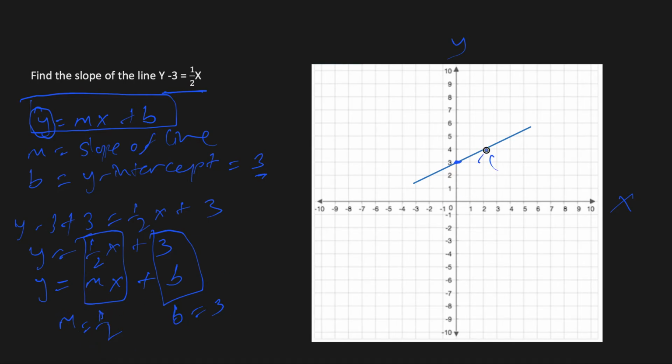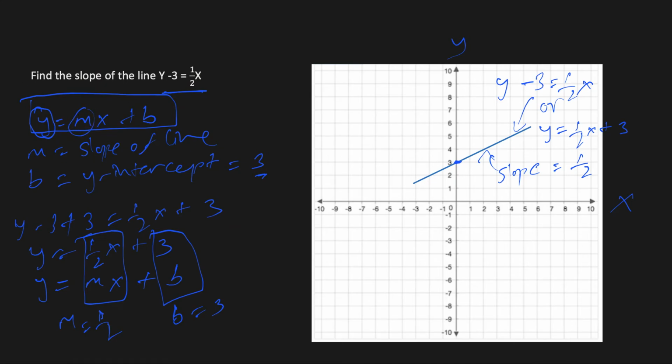So the slope of this line is half, and this line equation is y minus 3 equals half x, or y equals half x plus 3. It means the same. So this is how you find the slope of the line given an equation. Just bring it to this form, and then m will be our slope.